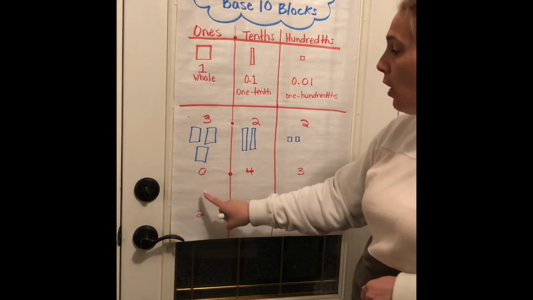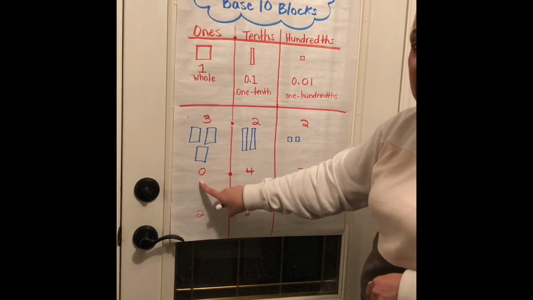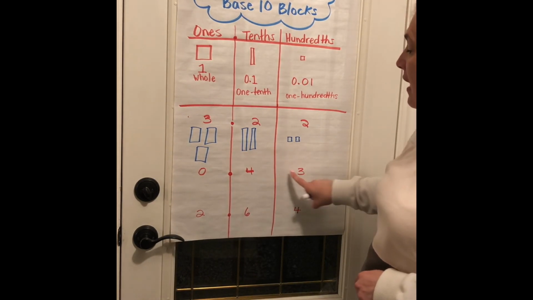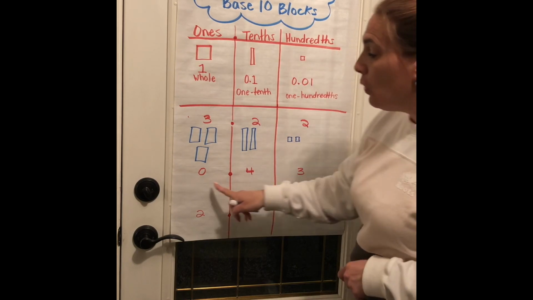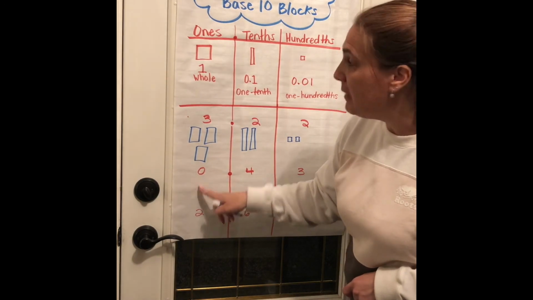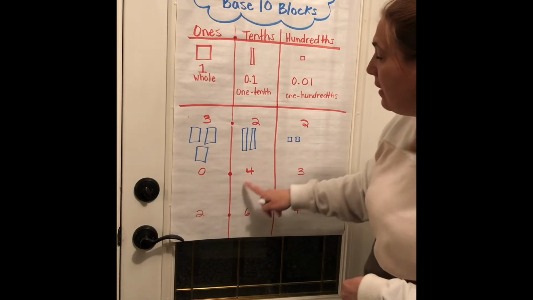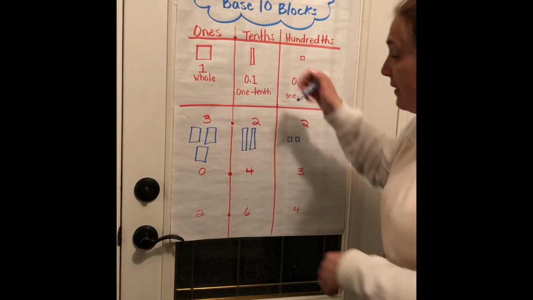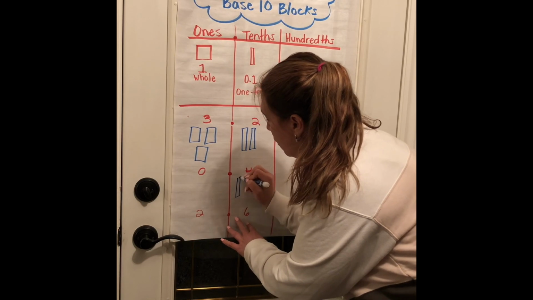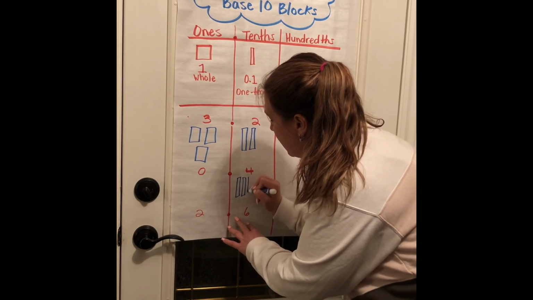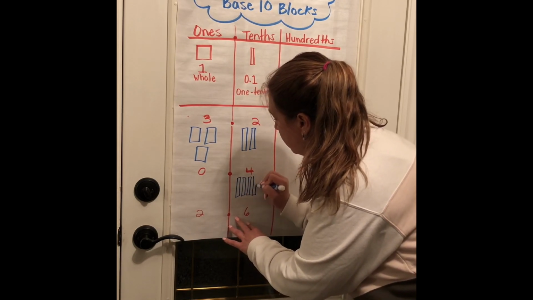If I wanted to model 43 hundredths, we don't say the 0, remember. We don't draw any wholes because we have 0 in the ones column. This number is less than 1. We have 4 tenths. So we draw 4 groups of 10 here, 4 rods.